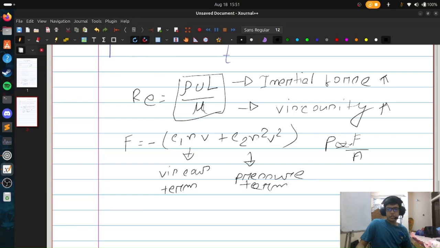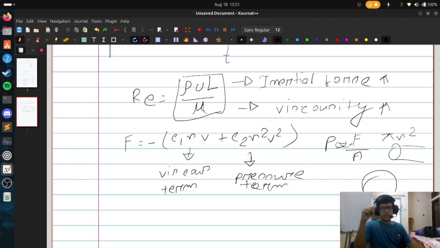And if we think of a cylinder, the cross-sectional area of a cylinder is pi r squared. So that's why it's a pressure term. Anyway, this is out of topic. You might not know this, but I was just using it to teach you guys.